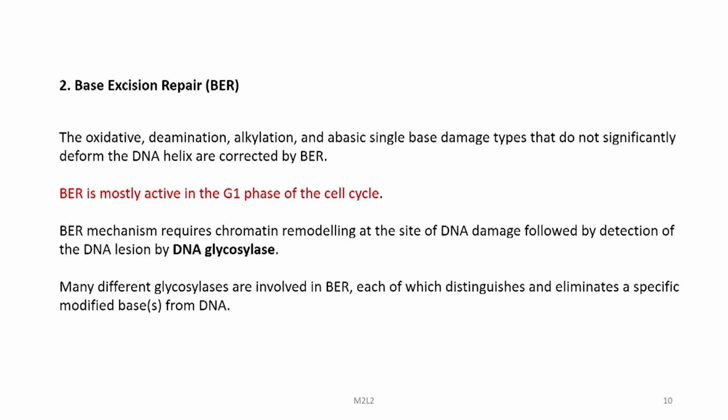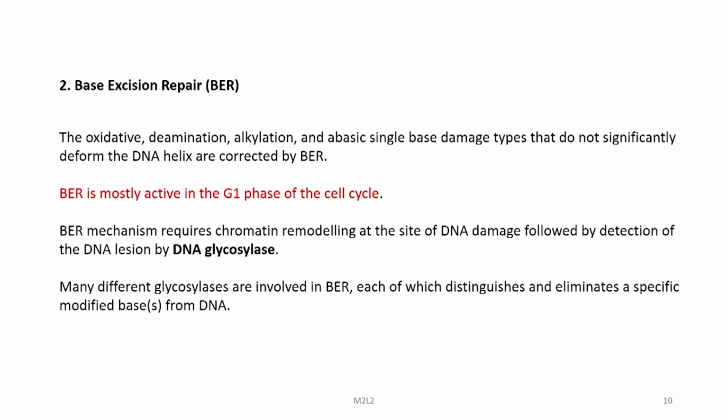Let us now go to another type of DNA damage repair, which is known as base excision repair, or BER. The oxidative deamination, alkylation and abasic single base damage types that do not significantly deform the DNA helix are corrected by base excision repair. Base excision repair is mostly active in the G1 phase of the cell cycle.